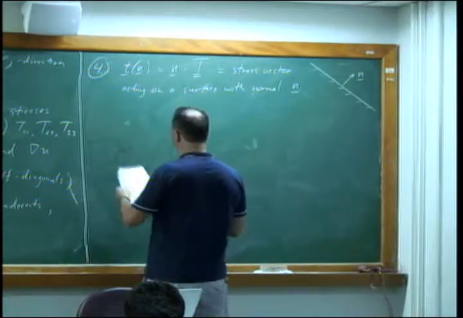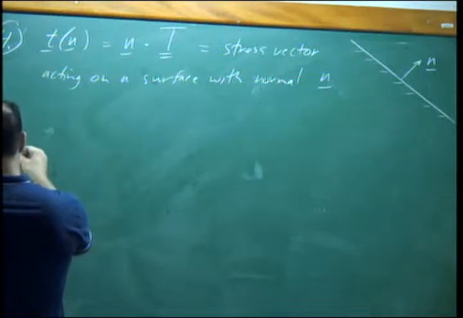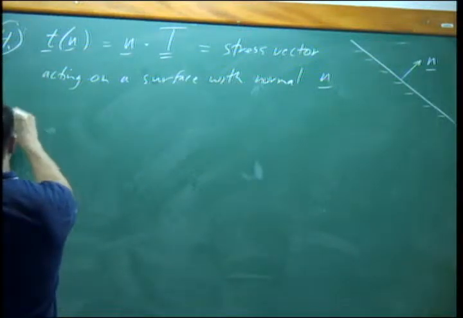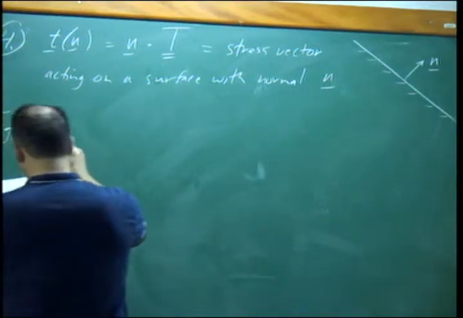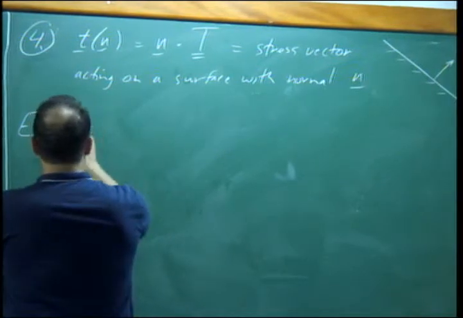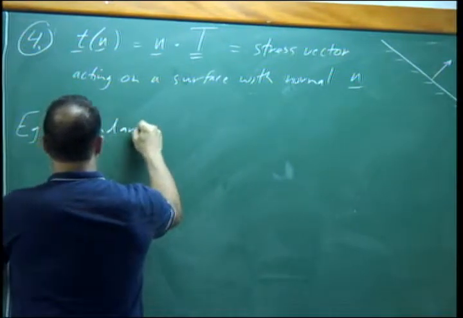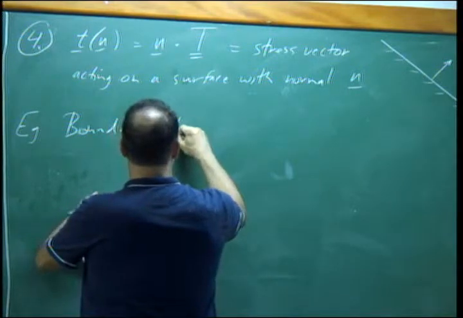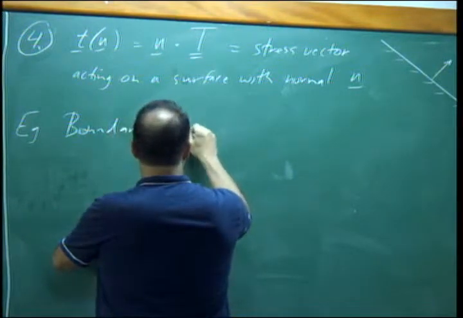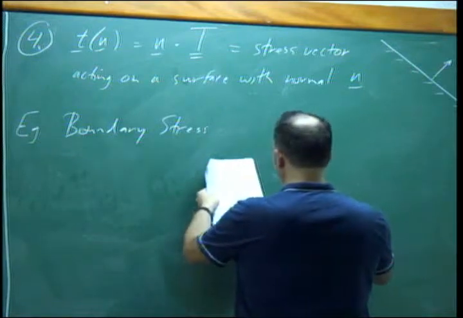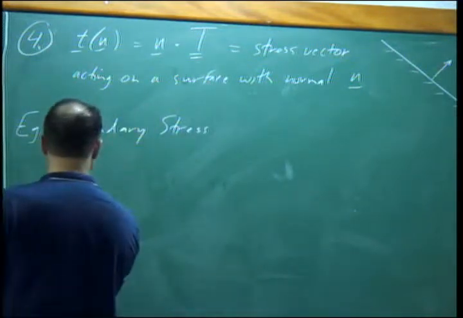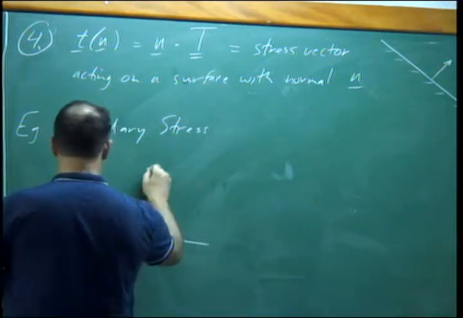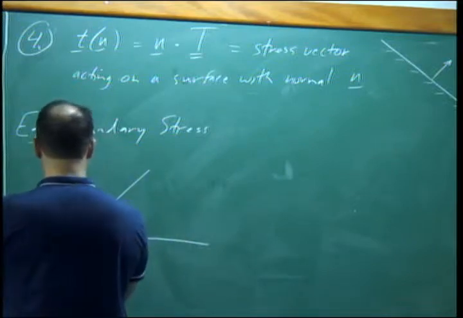Okay, so as an example, if we have a flow which looks like this, so say we have some shear flow above a rigid boundary.